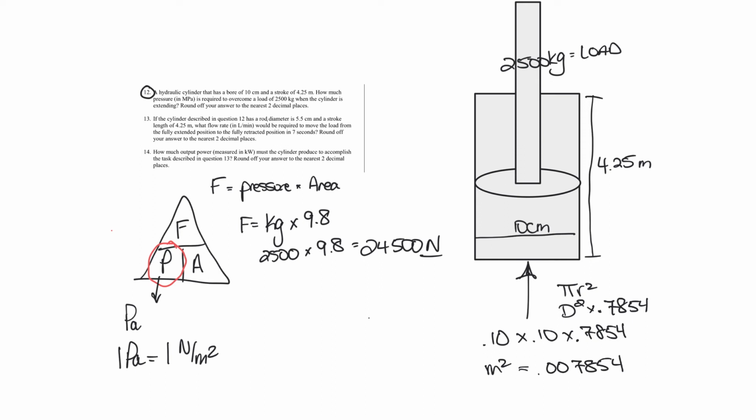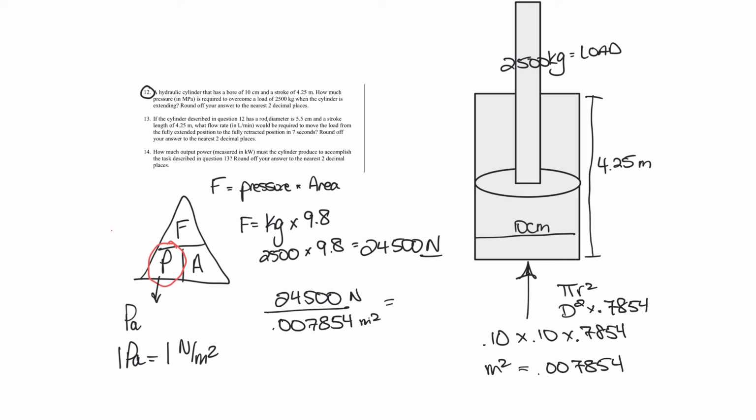So now at this point, we can take our force, which is going to be on the top, 24,500. We're going to divide it by our area, which is 0.007854. And remember, that's going to be meters squared and newtons, which is good because that's what our units are going to be. And that's going to come up with our number.